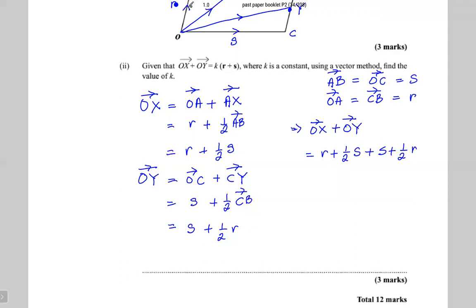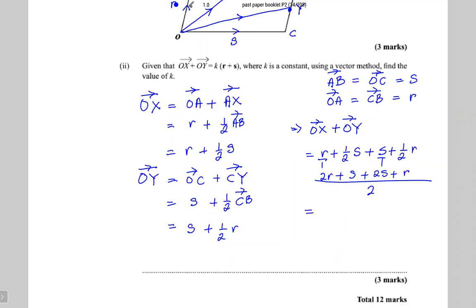A half S plus S is 1.5 S. Or if you want, you could simply do this. The LCM is 2. Put this over 1, put this over 1. 1 into 2 is 2, 2 times R is 2R. 2 into 2 is 1, 1 times S is S. 1 into 2 is 2, 2 times S is 2S. 2 into 2 is 1, 1 times R is R.